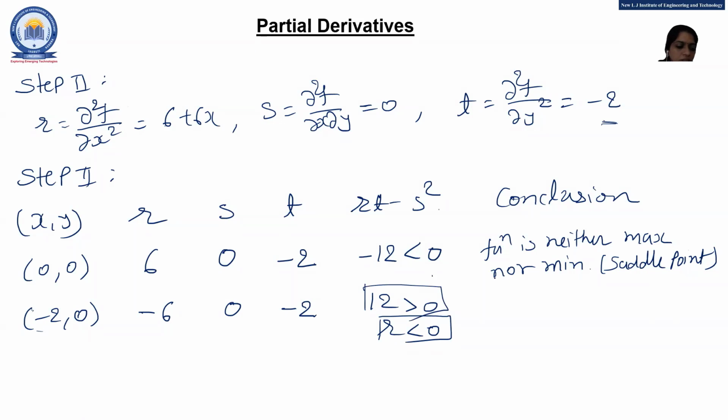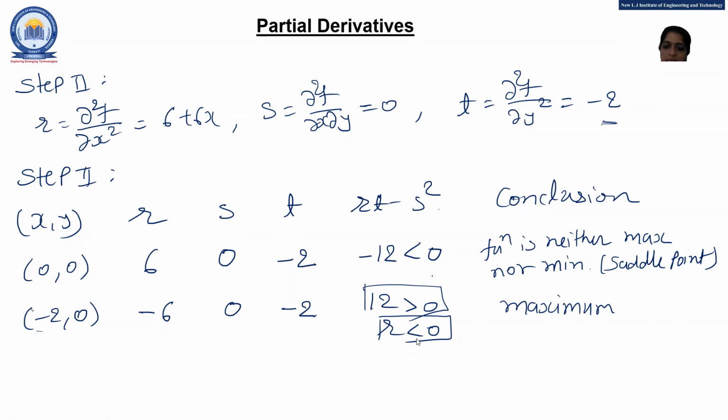It means my function is maximum at this point. My function is maximum here, not minimum. See, if this R is positive, then the function is minimum.